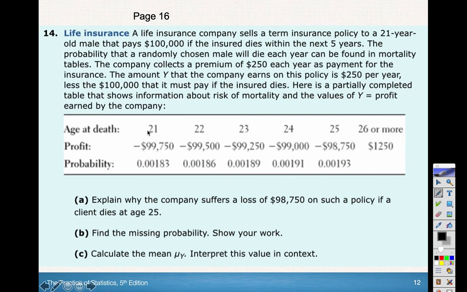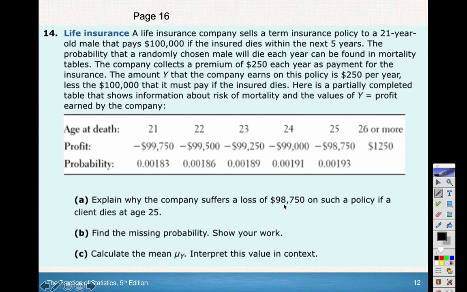We're looking at age of death, and we're looking at the profit of the company because that was our random variable. So if the person was to die at 21, they would lose $99,750. This is also the same question as letter A, because it asks why the company loses money if the person died at 25.